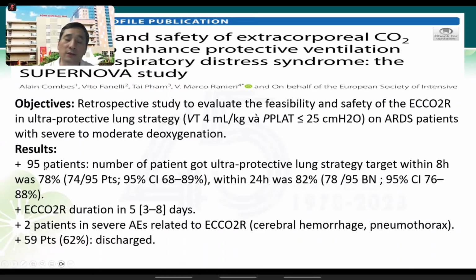This group of 95 patients shows the technology can work very well. Within 8 hours, already 78 percent of patients reached the CO2 target, and within 24 hours, 4 more percent. They looked at side effects, and only 2 patients had them. That is very small, and of course many patients were discharged from hospital.